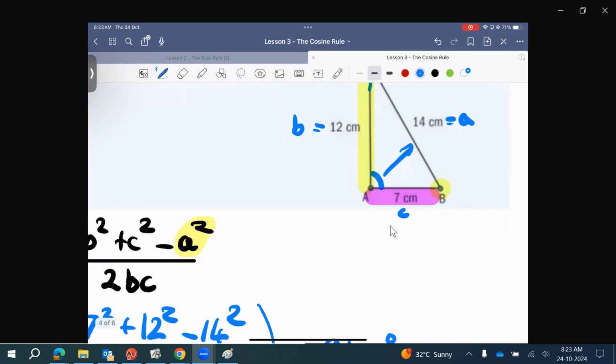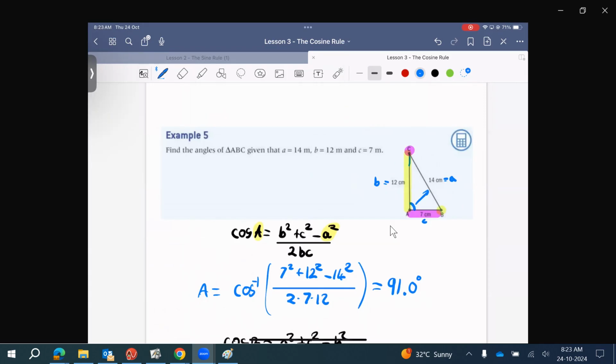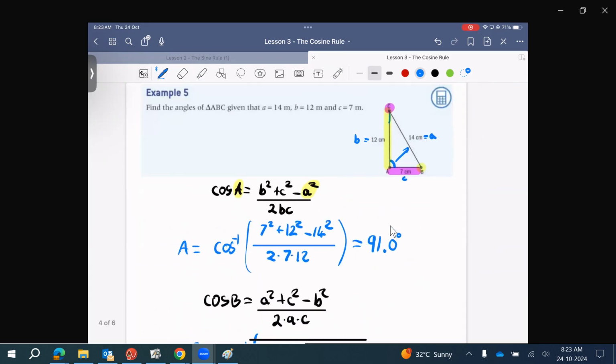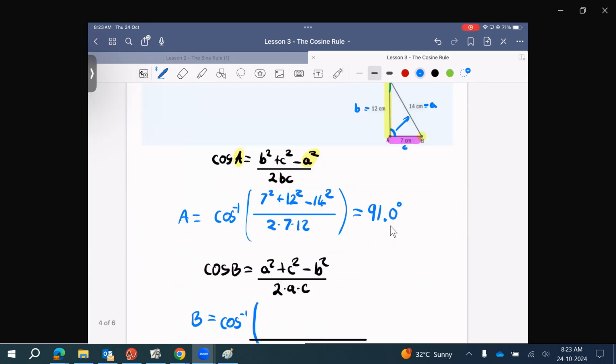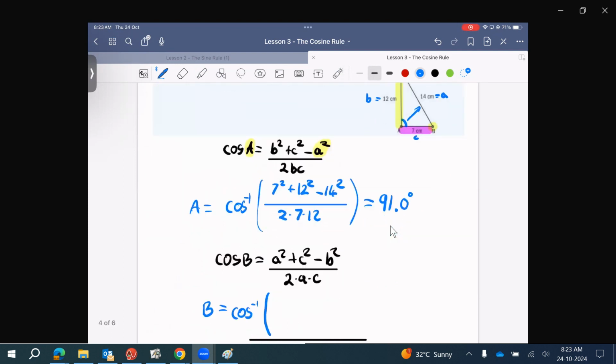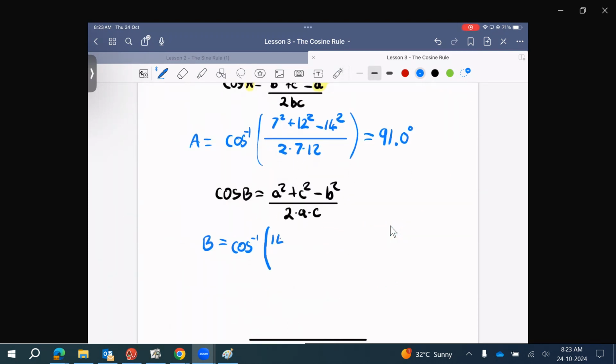So we need to put these into our formula here. We need A and C. So that's 14 and 7. A is 14. I'll put them in the right place this time. 14 squared plus 7 squared minus 12 squared all over 2 times 14 times 7. This gave us, was it 59?